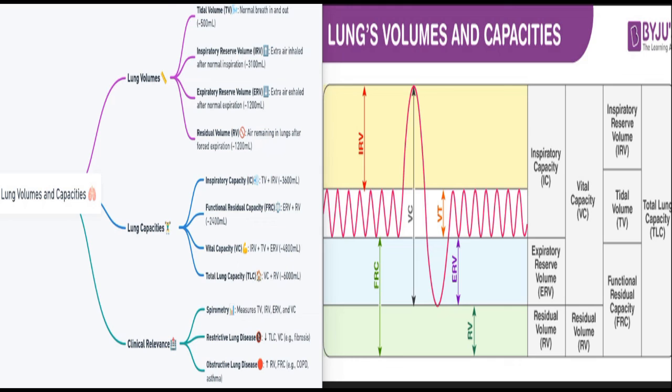Other tests of lung mechanics: spirometry, like I said, is ideal for diagnosing obstructive pulmonary disorders and may be useful in diagnosing restrictive lung disorders. When total lung capacity measures are not available, you of course need spirometry. The flow volume curves may also diagnose intrathoracic or extrathoracic airway obstruction.